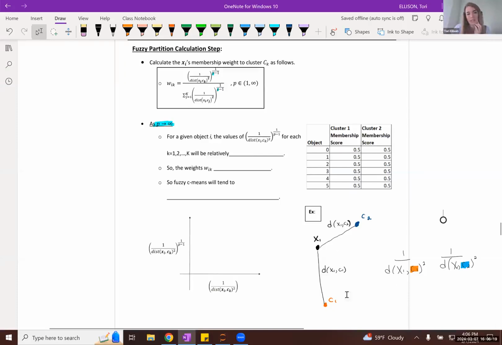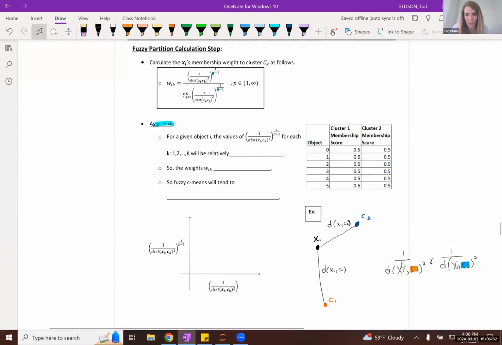Let's just say we're in a given iteration of the fuzzy c-means clustering algorithm, and we have two current centroid locations, c1 and c2. Given that x1 is further away from c1, the squared reciprocals of those two distances will have this relationship.